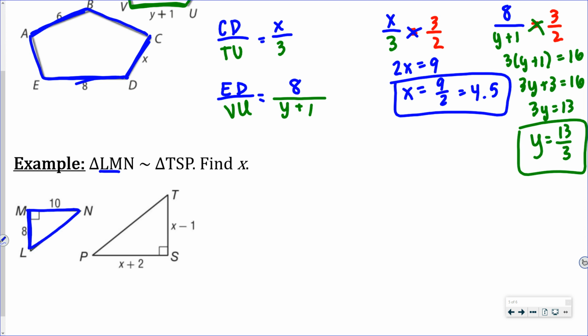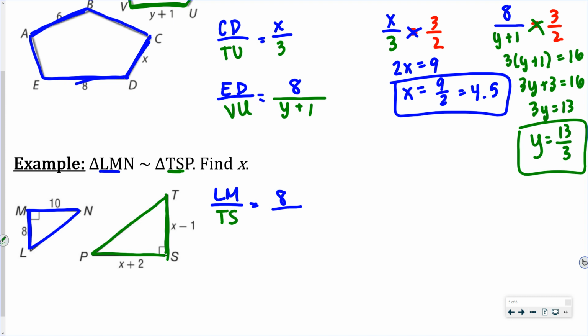LM in my blue one corresponds to TS in my green one. Although it kind of looks like 8 should be the base, it's not. So if I know LM corresponds to TS, let's set up that ratio.